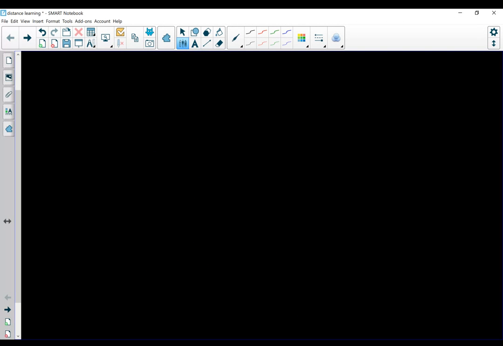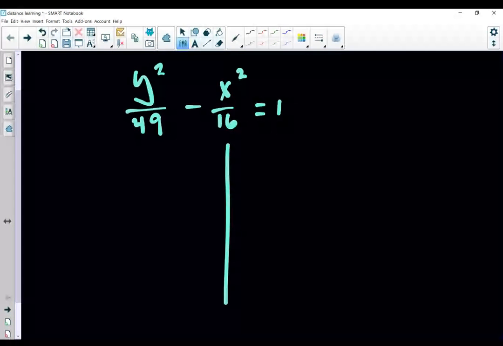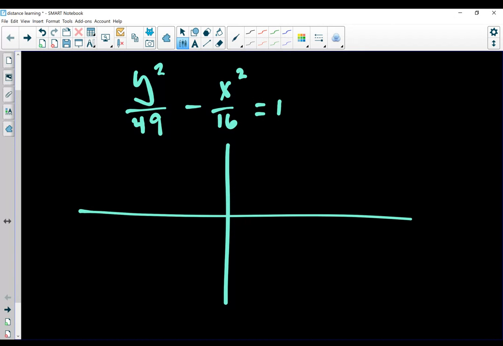So now we're going to do one that moves vertically. They just often rewrite it like this. y squared over 49 minus x squared over, let's say 16 equals 1. This time, again, it's centered at the origin.